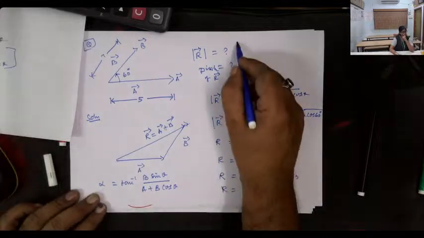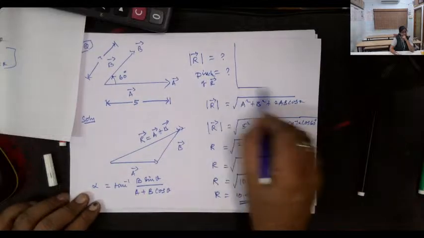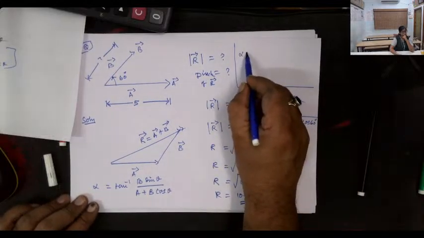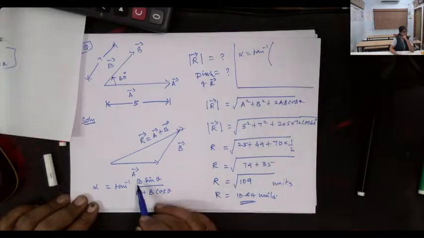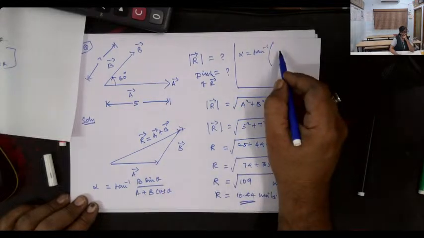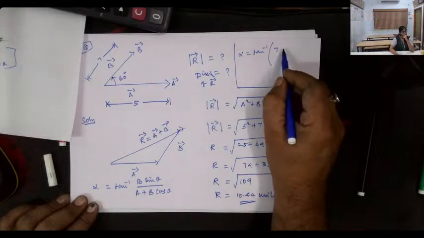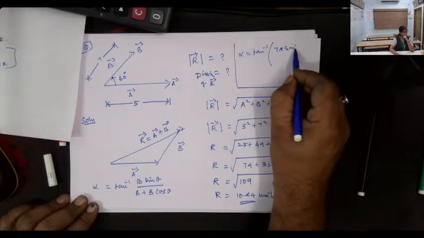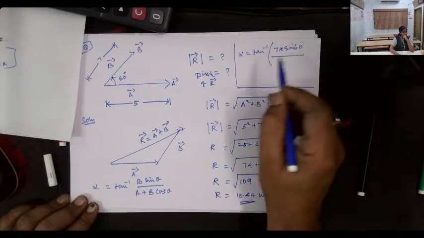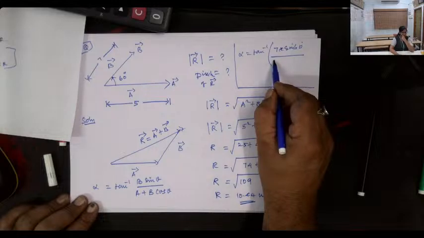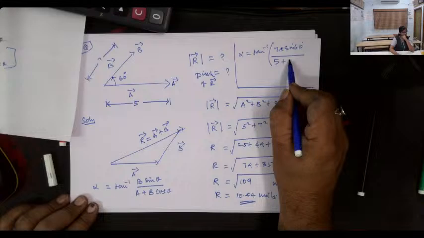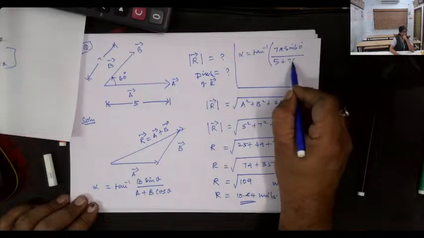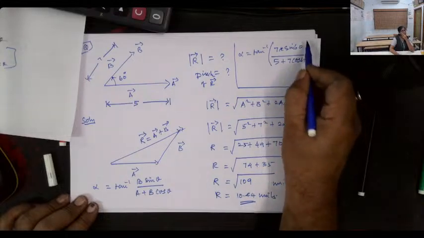Alpha is equal to tan inverse of, open the bracket, B is 7, into sin 60, divided by A, 5 plus B cos theta, so 7 cos 60, close the bracket.